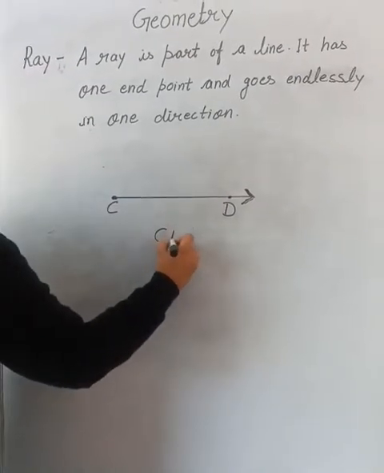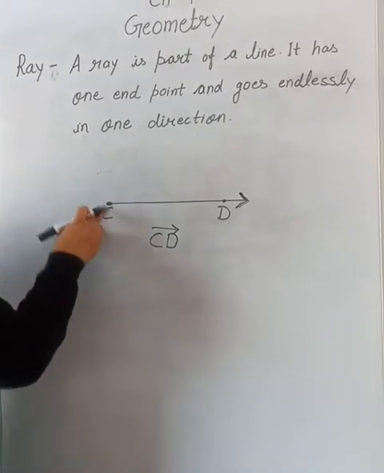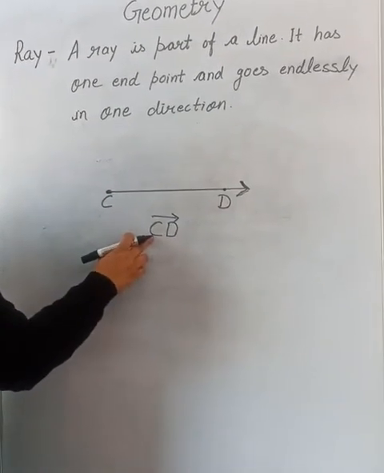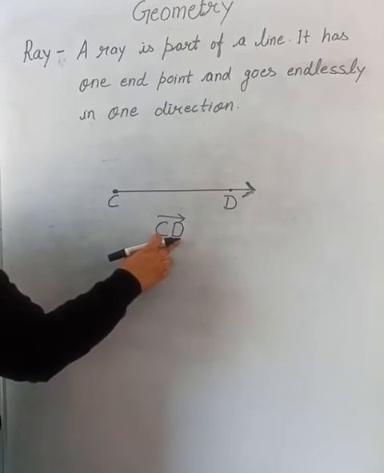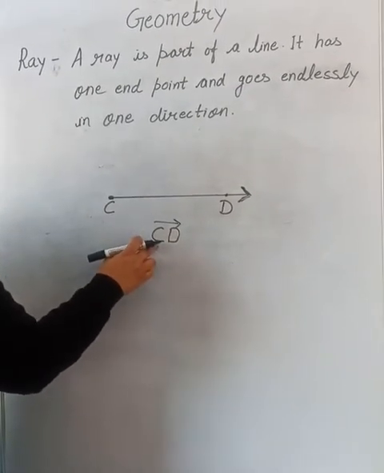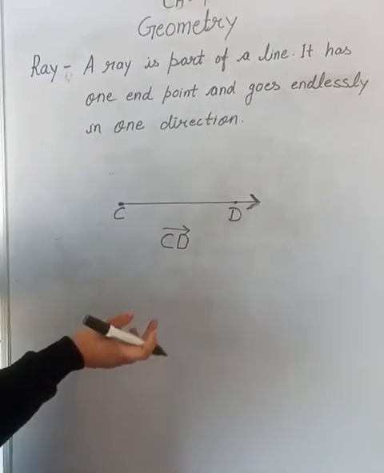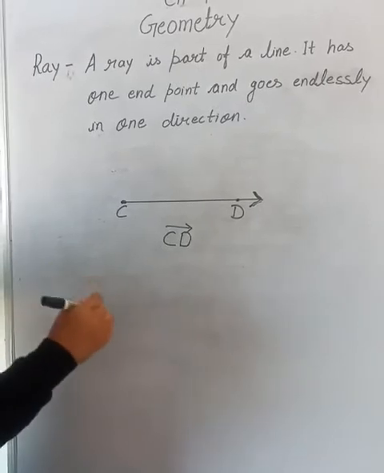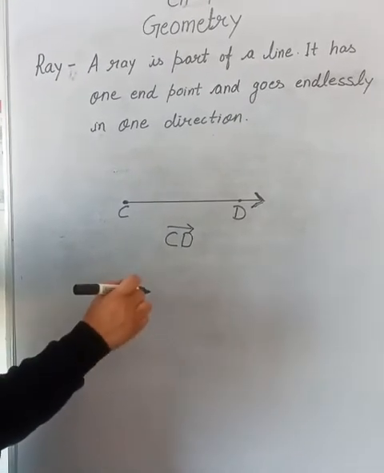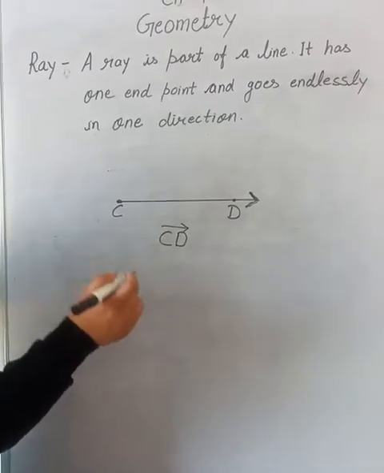So we will represent the ray like this. We will start with end point C, then we will write D. We will represent it as ray CD. Now we can give an example of a ray. The beam of light coming out of a bulb can be compared to a ray.